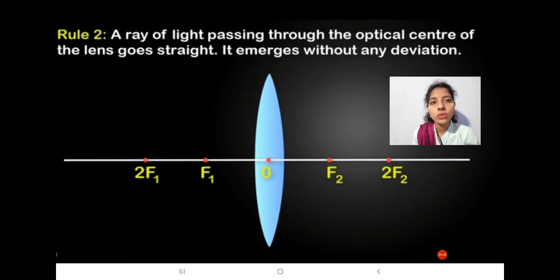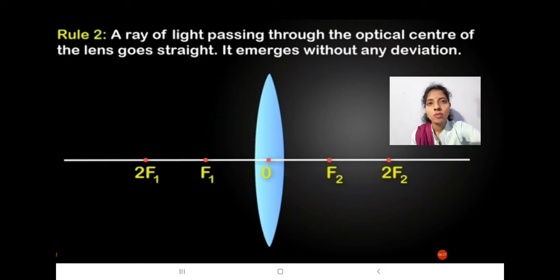Now next, rule 2. A ray of light passing through the optical center. When the ray of light passes through the optical center of the lens, it goes straight. It emerges without any deviation.